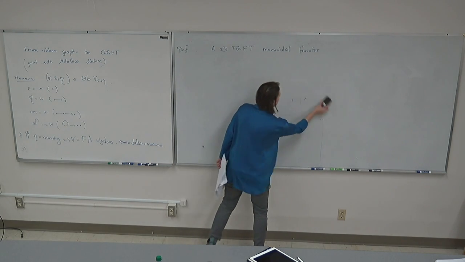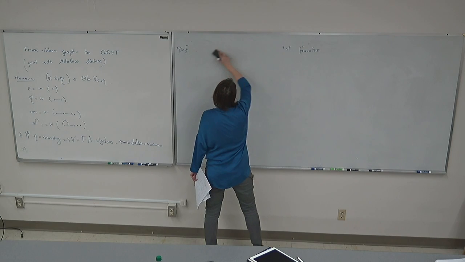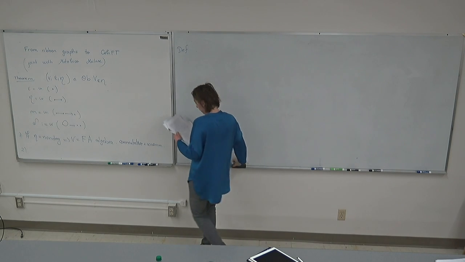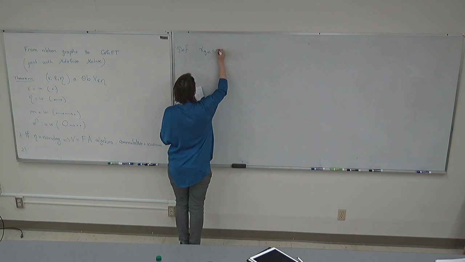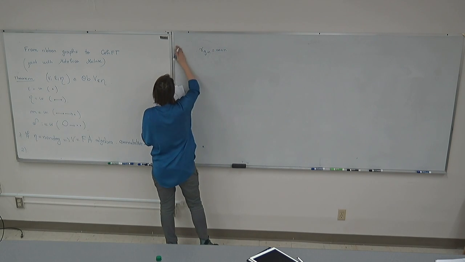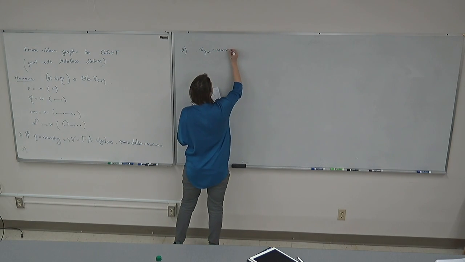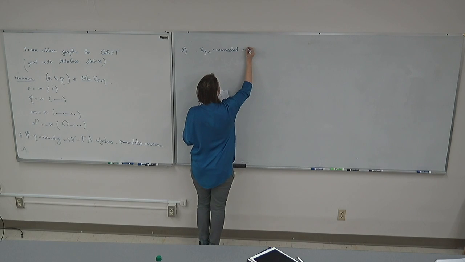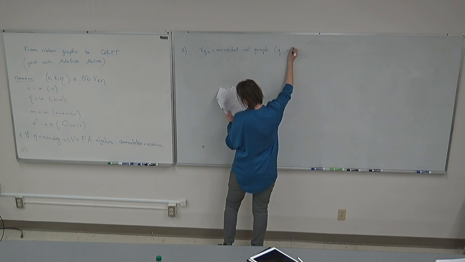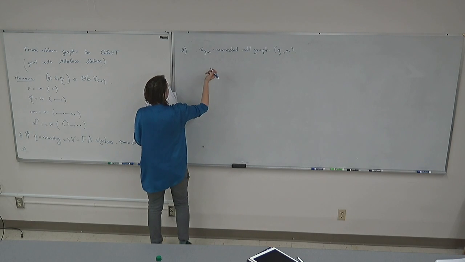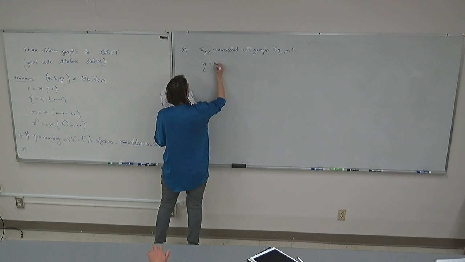So the second part of the theorem gives that if gamma Gn is a connected cell graph of type G, n, and V is a vector space so that eta is also non-degenerate.